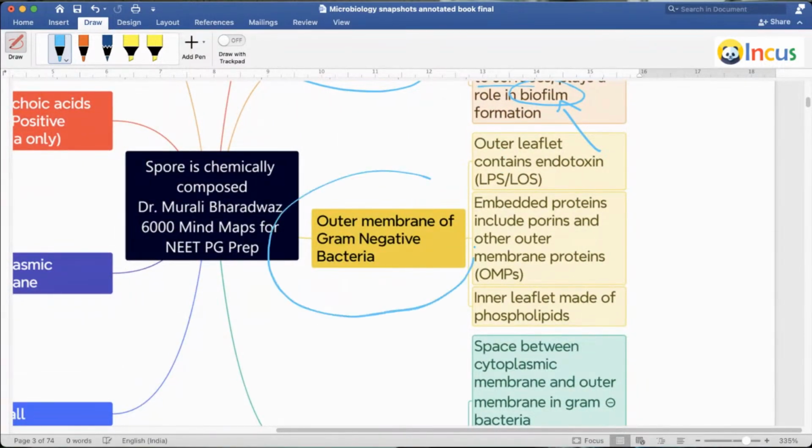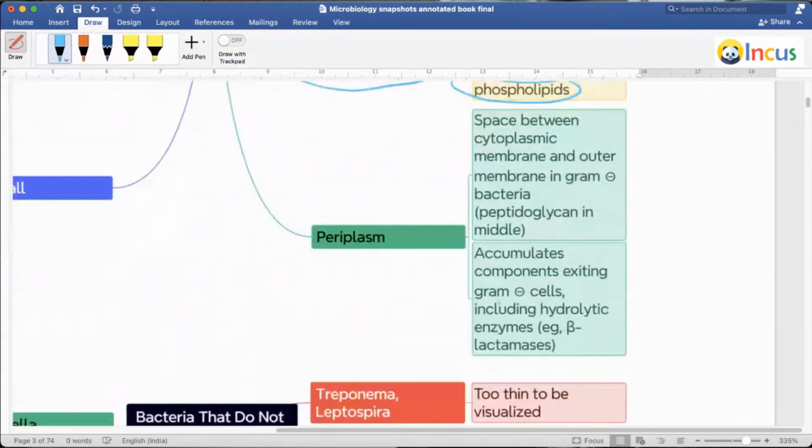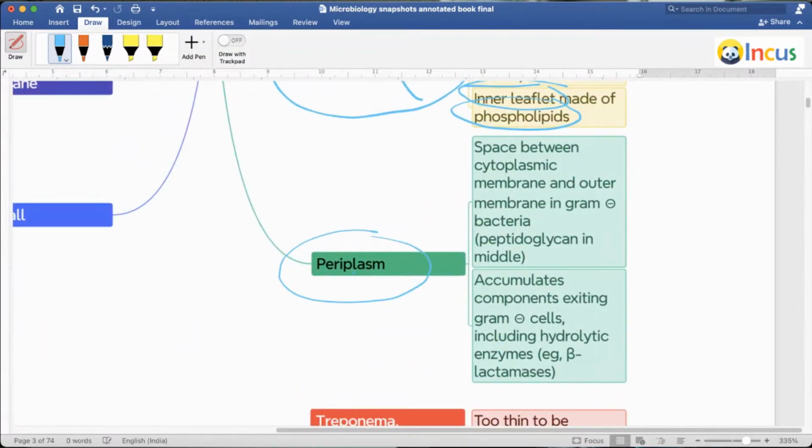Then if you look at the outer membrane of the gram-negative bacteria, the outer leaflet has endotoxin. And in the gram-negative bacteria, the outer membrane has porins and the outer membrane proteins. And the inner leaflet is made up of phospholipids. Then coming to the periplasm, what is periplasm?